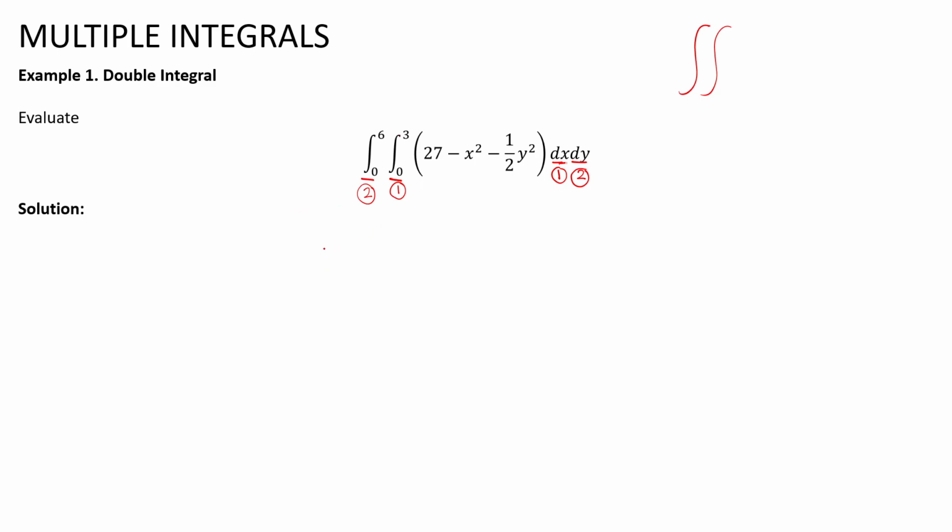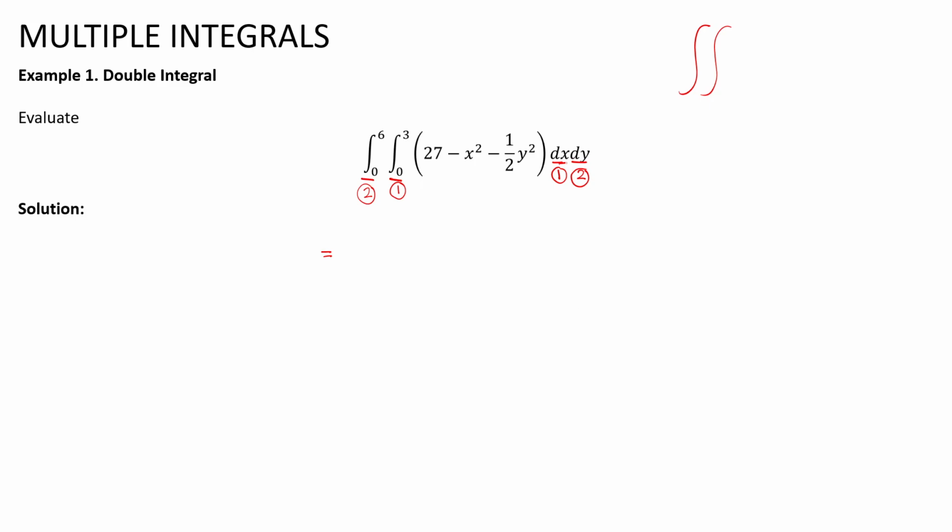So for example, we evaluate first with respect to x. This looks like a partial integration, like a partial derivative. So the concept is more likely a partial derivative, but we are just partially integrating, so the opposite of your partial derivative.